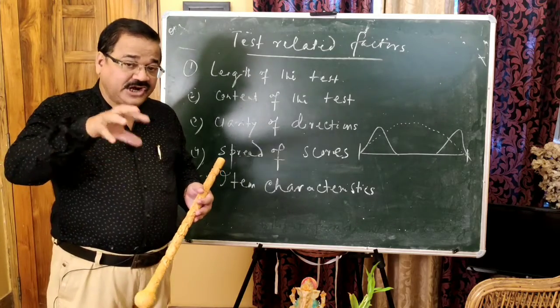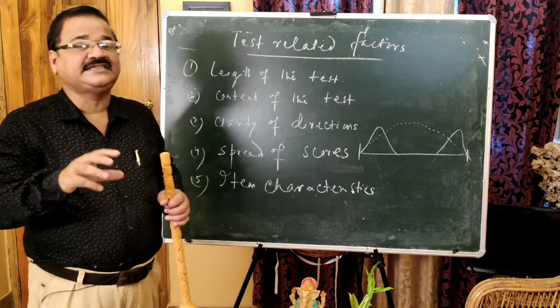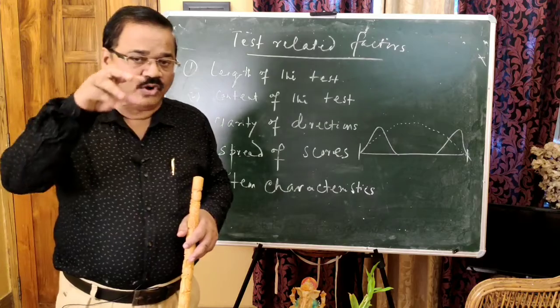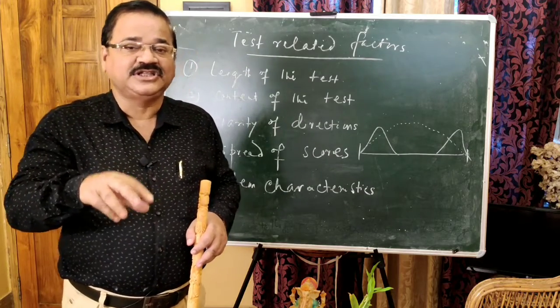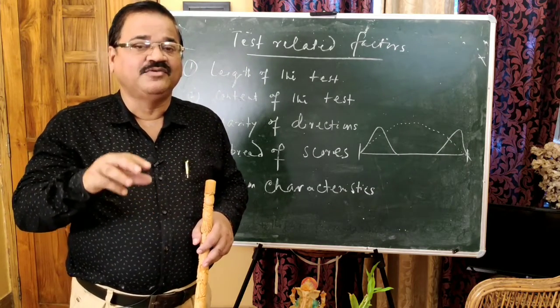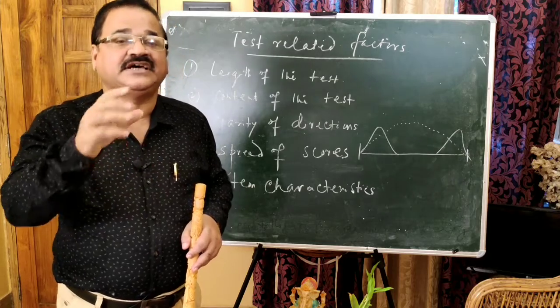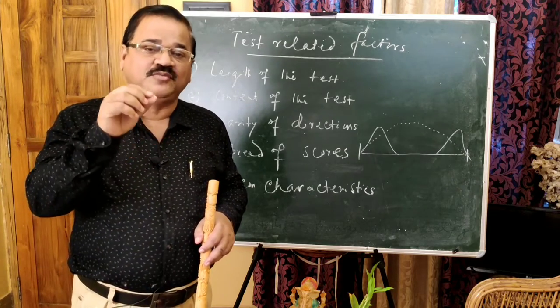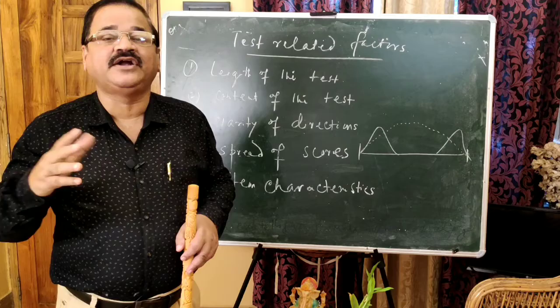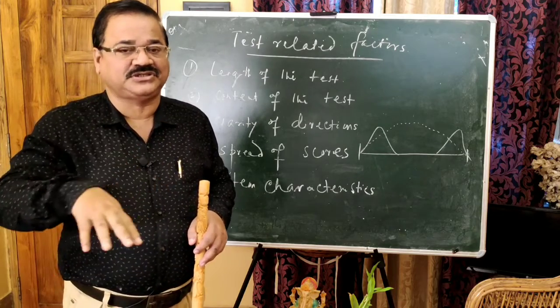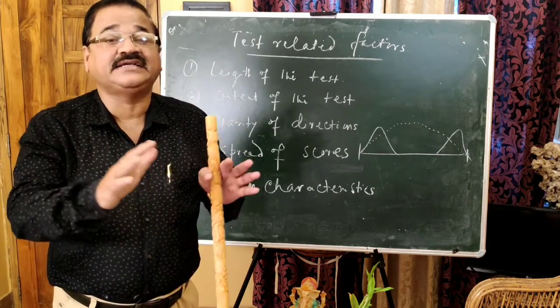What is studied? If a test is prepared on the content areas, on subject matters which are homogeneous in nature. You must know what homogeneity is. Homogeneous means similar nature of content areas.